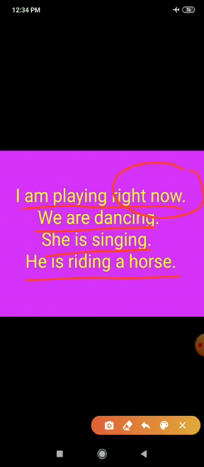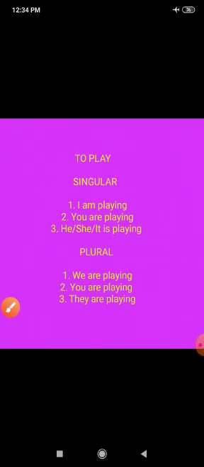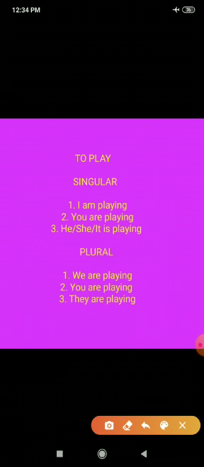We will recognize continuous tenses by the ending ing. Playing, dancing, singing, riding. Conjugation of verb to play.